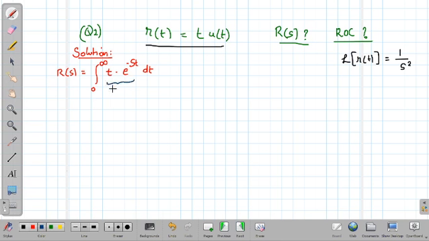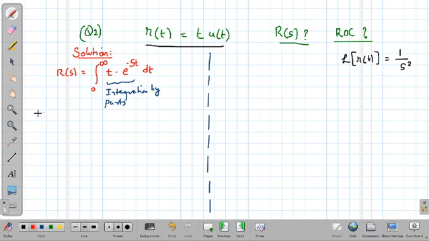Now how to do this integration? There are two terms, so you need to do integration by parts. Let me divide this into 2 so that I get some more space on the right-hand side.